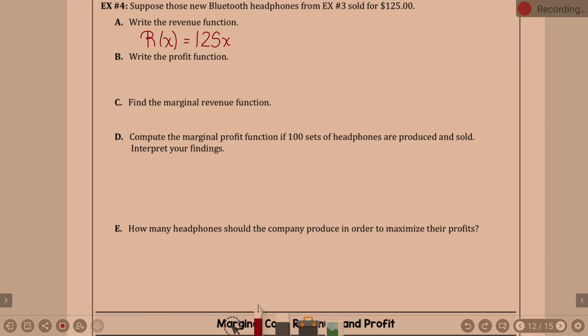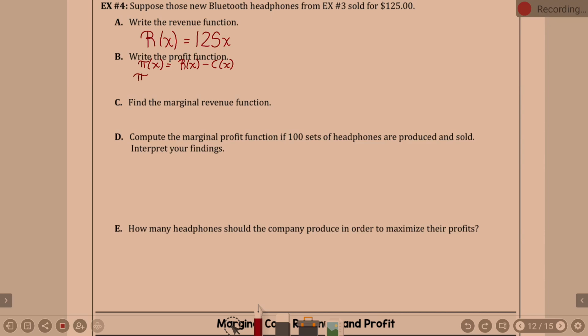Okay? Now, profit function. What's it say about profit? Revenue minus cost. Revenue minus cost, yes? Yeah. And when it says that, officially, it says pi of x is equal to R of x minus C of x, yes? So, I'm going to write this, and then we are going to clean it up.